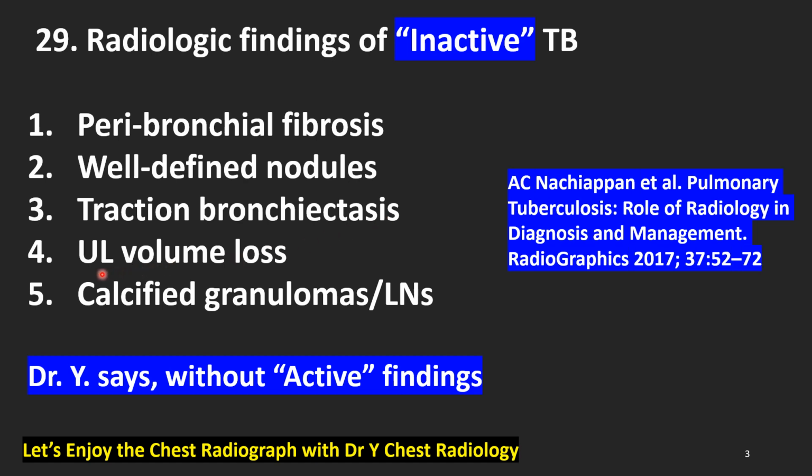Number 4, upper lobe volume loss. Number 5, calcified granulomas or calcified lymph nodes. I, Dr. Y, simply say again, inactive finding is actually without active findings. Without active findings usually means stable tuberculosis.